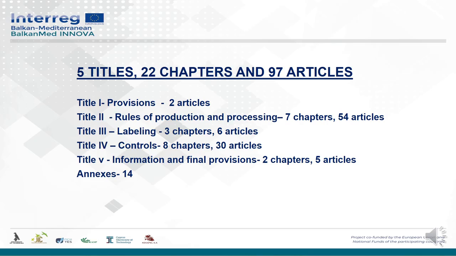Title 1, Provisions. Title 2, Rules of Production and Processing. We have discussed this in previous lectures. Title 3, Labeling. Title 4, the one that I want to speak about here, Controls. And Title 5, Information and Final Provisions. Linked to these titles, there are 14 annexes.